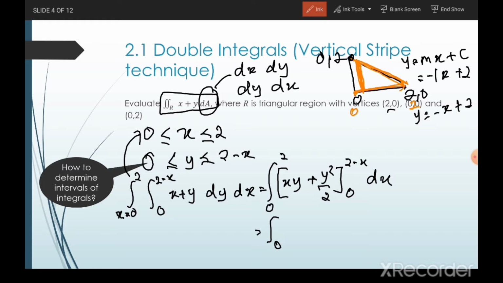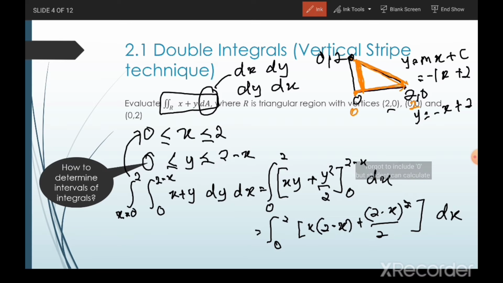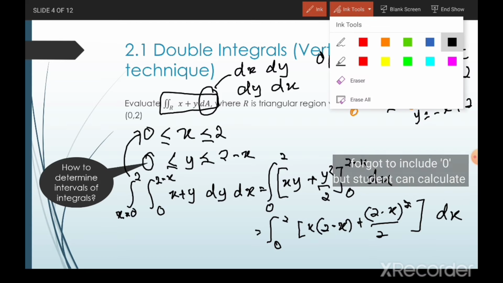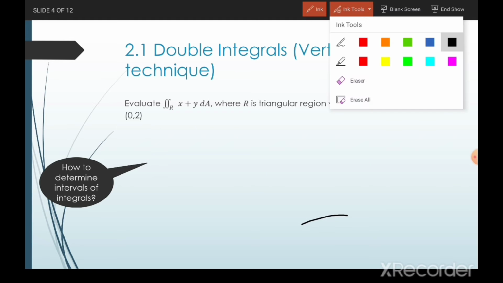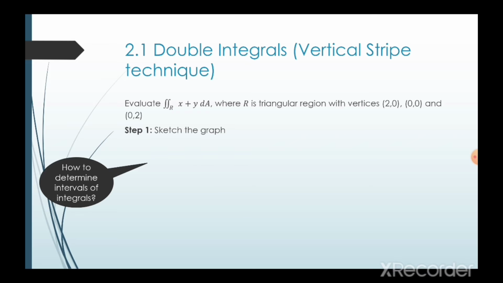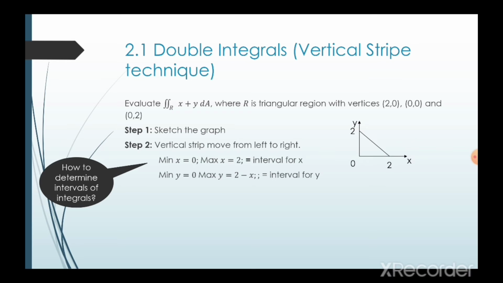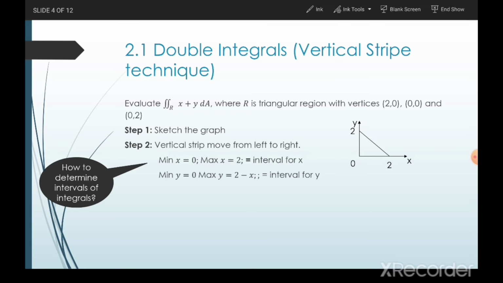Then we substitute the interval: 2 minus x plus 2 minus x squared divided by 2. Then include the interval for 0. I don't have space here, but I think students can calculate. So that is the answer.